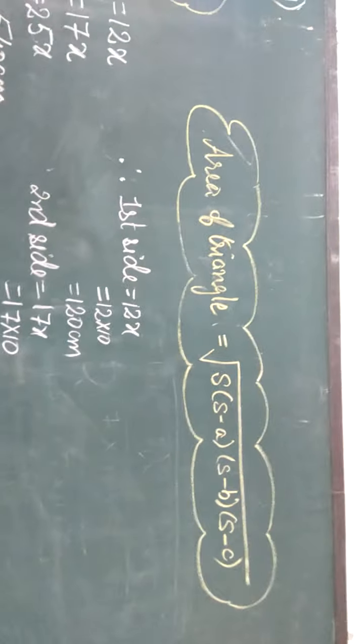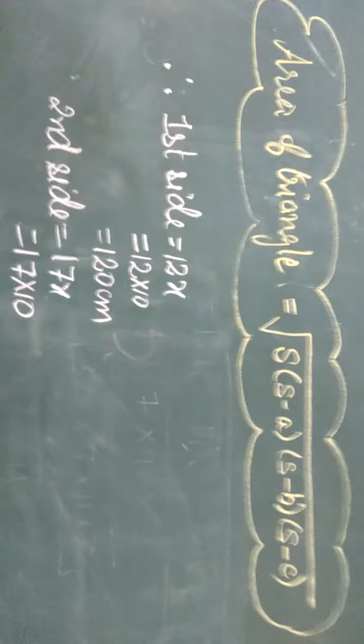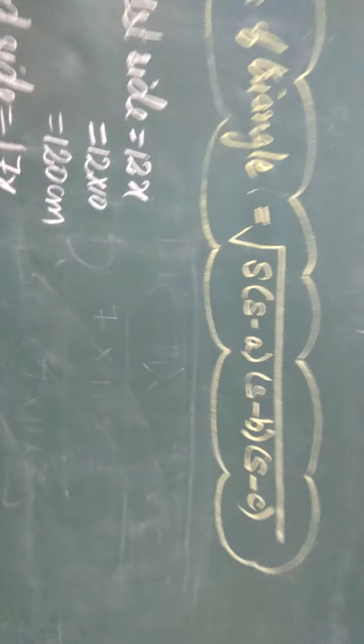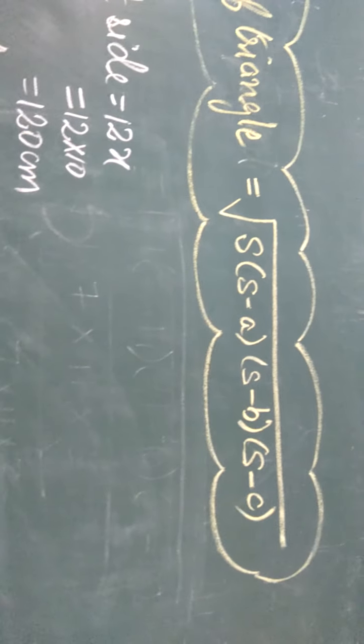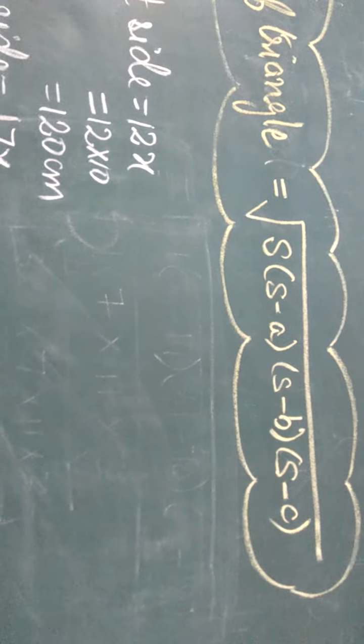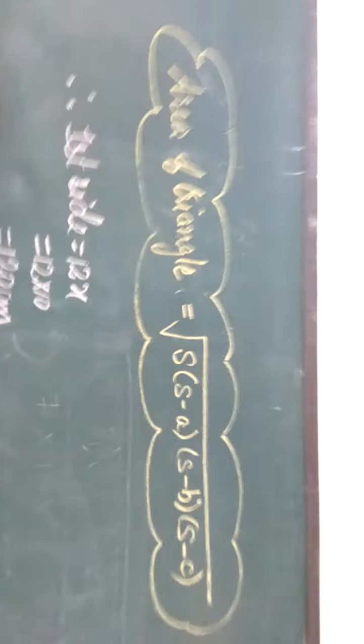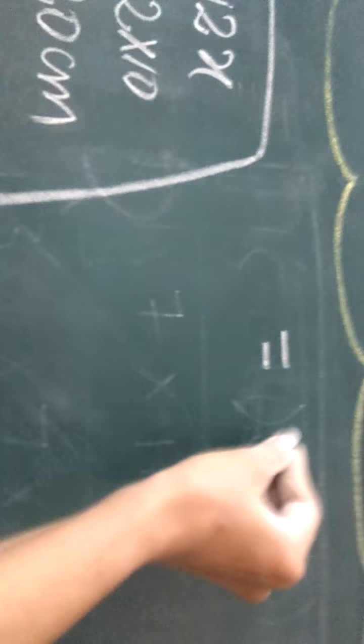Now let us write the formula. Area of triangle is equal to square root of s into s minus a into s minus b into s minus c. So dear students, because I have used this space, just write the formula once again and let us start putting the values. So under the square root, what is s? We have left to find out s.